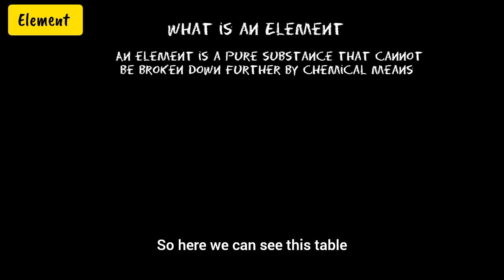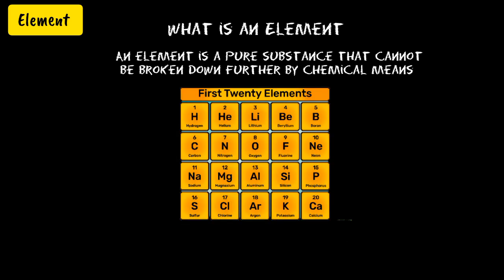So here we can see this table. We've got names and symbols of one letter elements and two letter elements.